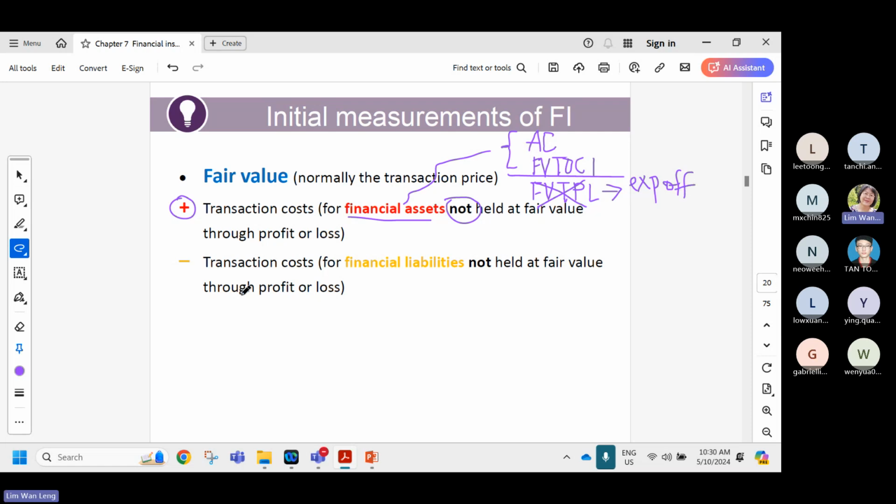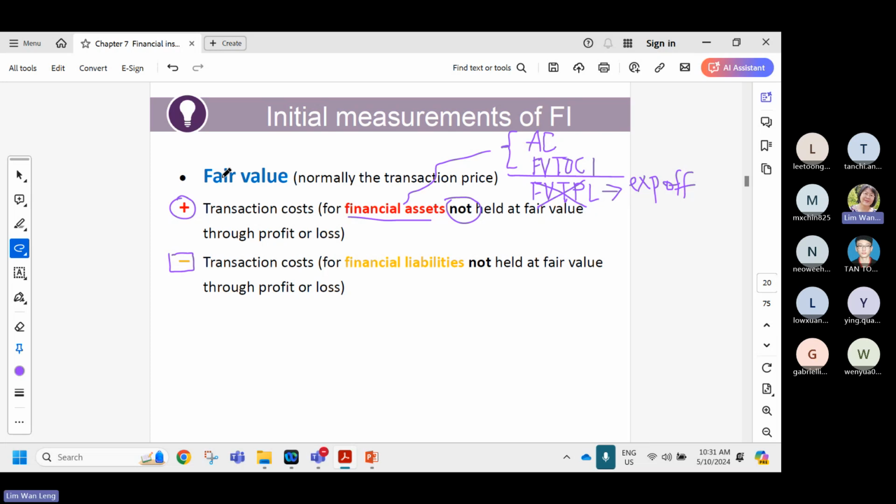Okay? And then if you have categories of financial liabilities, same things, if your financial liabilities are not held at fair value through the profit or loss, then you are going to deduct the transaction cost from the fair value at the initial recognition.